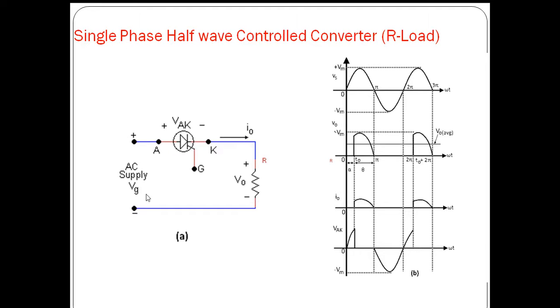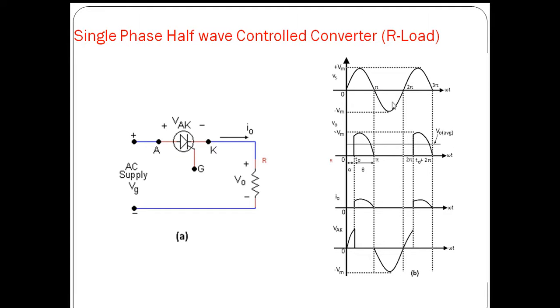Here we are providing an AC supply. AC supply is nothing but it has both positive half cycles and negative half cycles, and this waveform will be changing with respect to time. Depending on the frequency, it will be changing. Here the magnitude and the polarity will be changing.